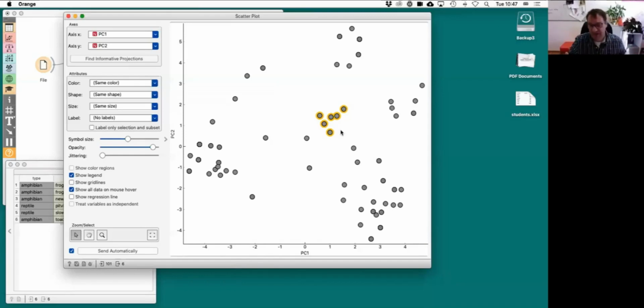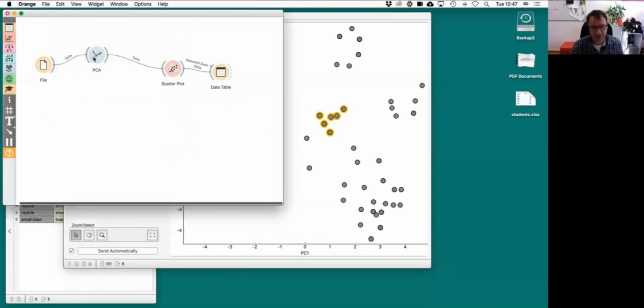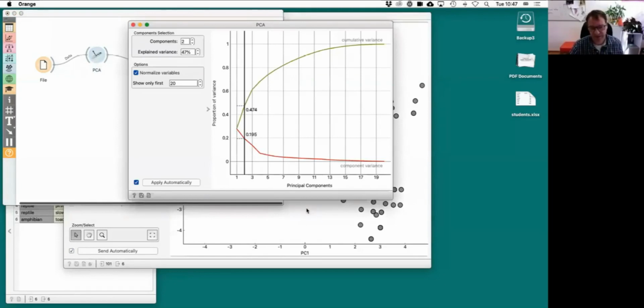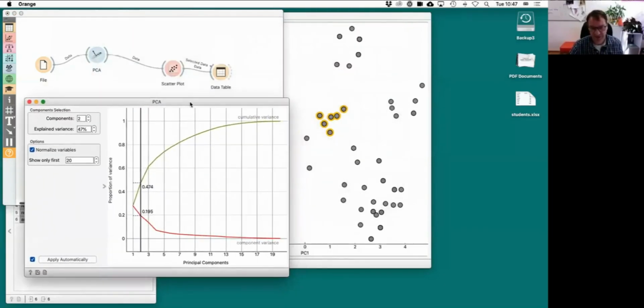But this is not the case. And bear in mind that this is just an approximation, because the graph that I'm plotting here actually contains only 50% of the entire data. The other 50% is hidden somewhere else.